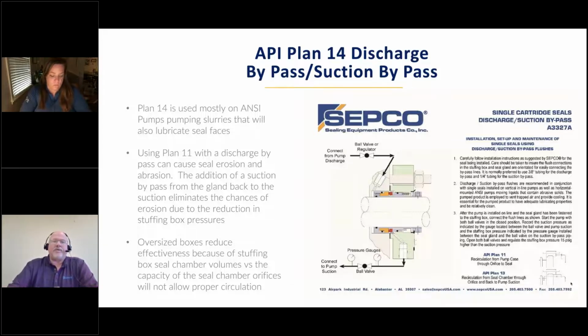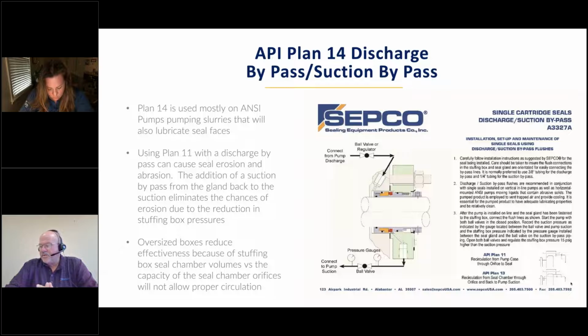API Plan 14. This is a combination of a discharge bypass and a suction bypass. And what this is typically used for is in ANSI pumps where you have slurries that will lubricate a seal face.